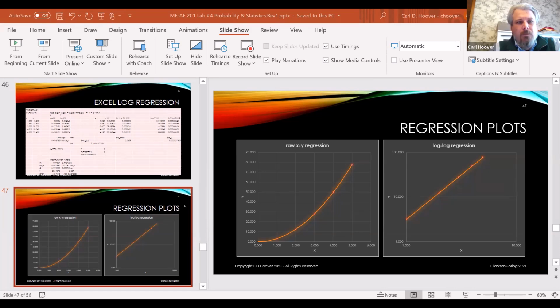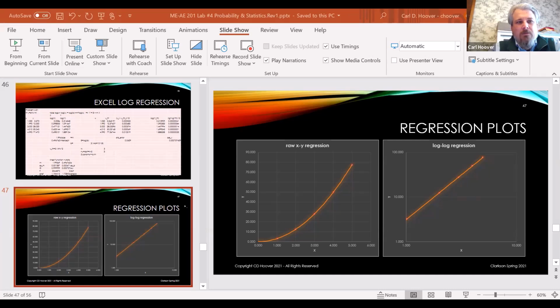So let's jump to this. In the spreadsheet here, you can actually see log of each of these values, log of the y's, and then our function here, we're just using the slope function, where our E5 to E9 are the y's, and our x's are right here. Likewise, we then use the intercept function.